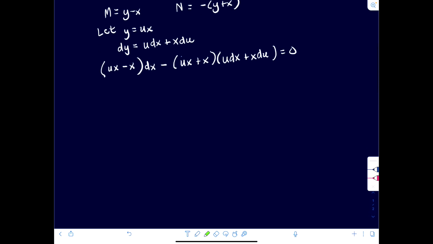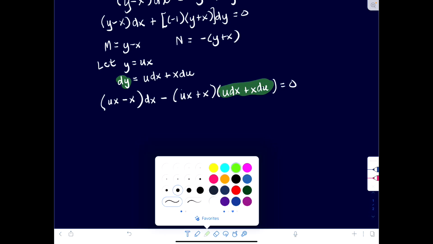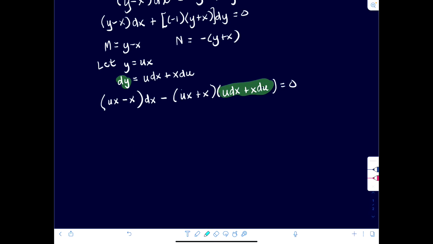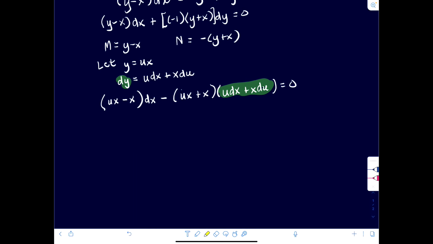So dy was all of this right here, and y was ux.